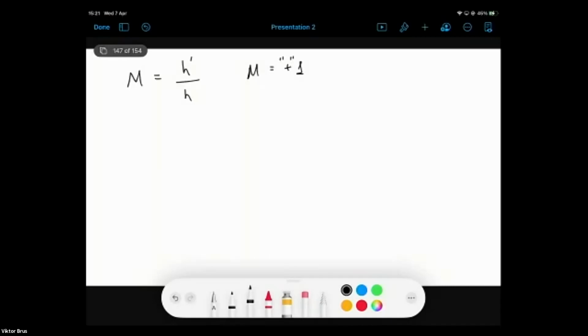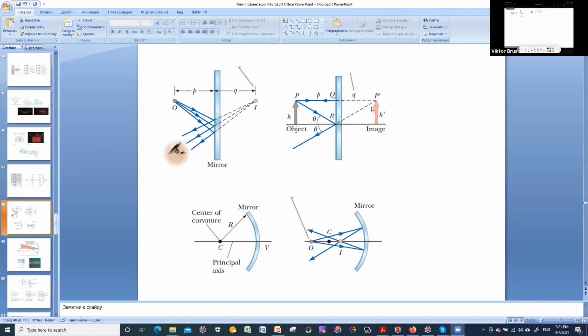It means that the orientation of the object and its image is the same. So it's not flipped over. If it is flipped over, we will consider some other cases later, then there should be a minus.